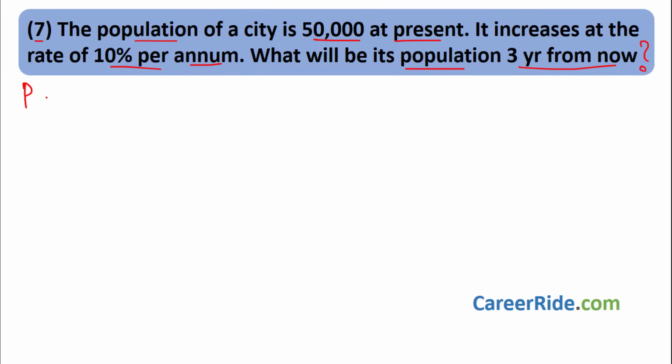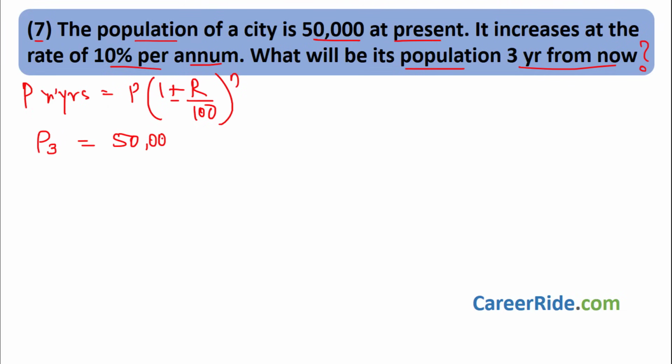What is the formula? Population after n years would be present population into 1 plus minus r by 100, raised to number of years. Now over here we want population 3 years from now. So present population is 50,000, and population is increasing at the rate of 10% per annum. So plus rate is 10%, raised to number of years, which is 3.